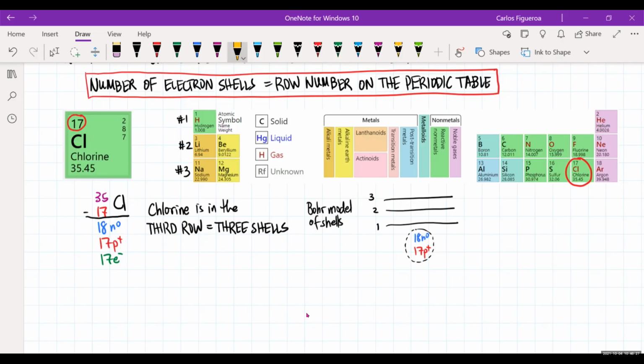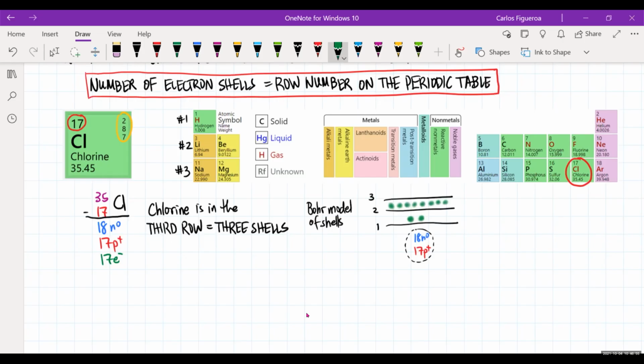If you look at chlorine, note that there's these 3 numbers right here, 2, 8, and 7. So what does this mean? The electrons live where? Well, the 2, because it's at the first one, means that there are 2 electrons on this shell. And then when you look at the second shell, it has 8. So I go 1, 2, 3, 4, 5, 6, 7, 8.